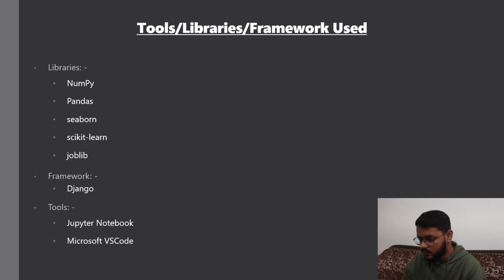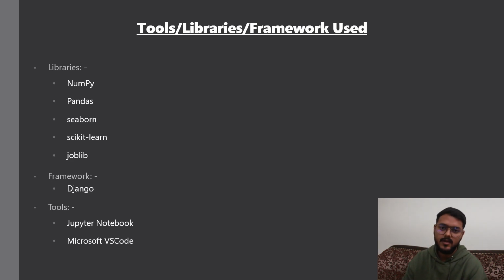Let's talk about the tools, libraries and frameworks that are used in this project, and these are the libraries that are used to build this project. These two are used for data analysis, and Seaborn is used for visualizing the data. I basically used it to find the correlation between the features, and I've used scikit-learn.